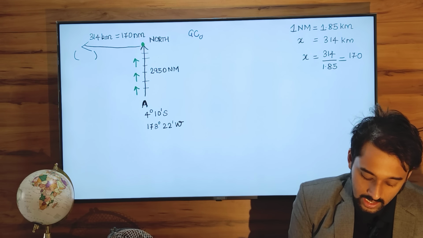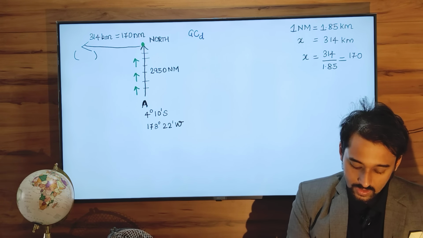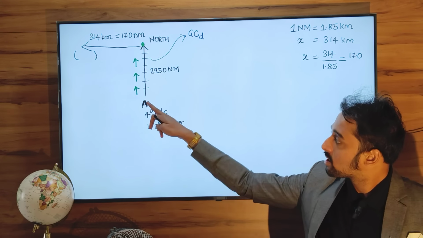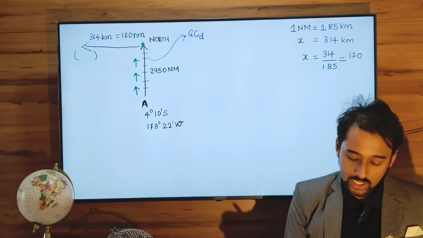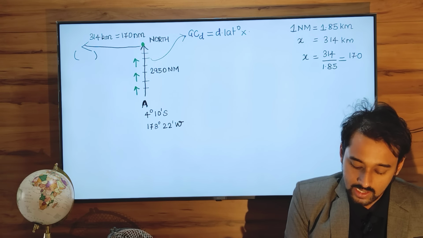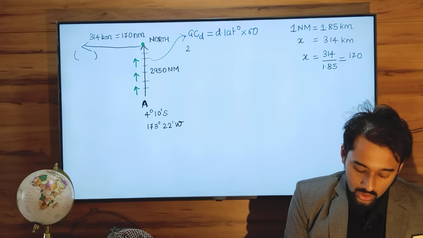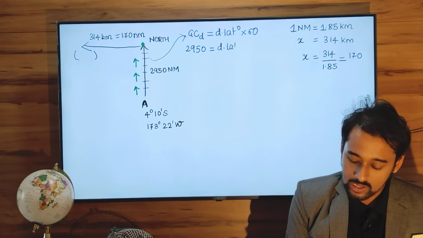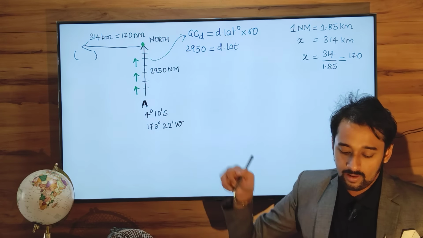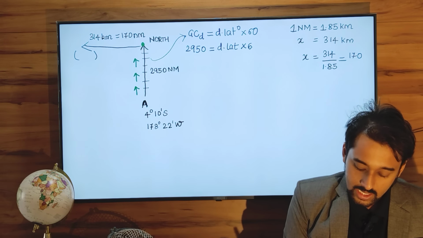So this great circle distance from A up to this point is how much? D lat in degrees into 60. The great circle distance is 2950. D lat I don't know, because I know the initial latitude but not the final latitude. We will find that out.